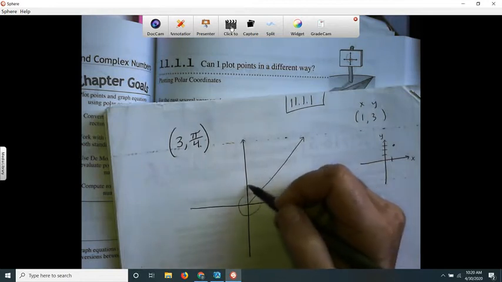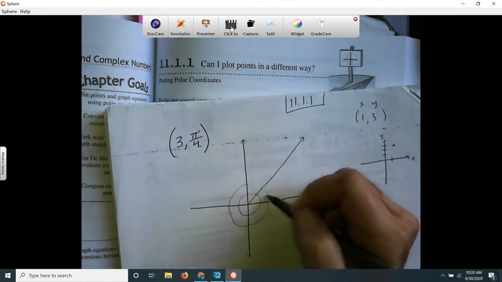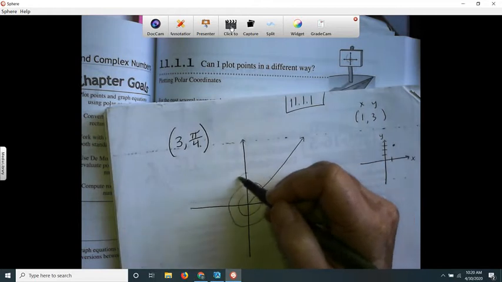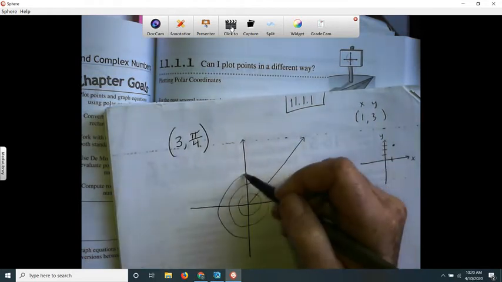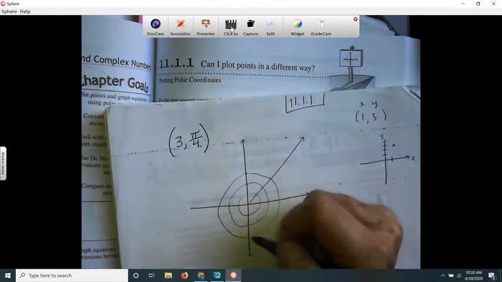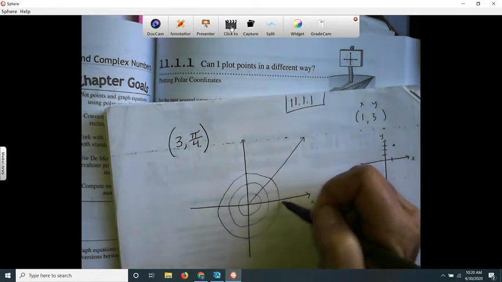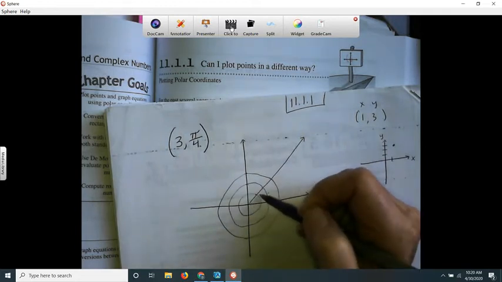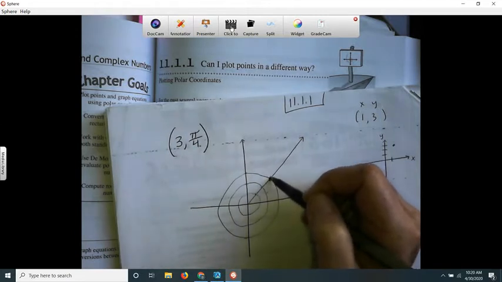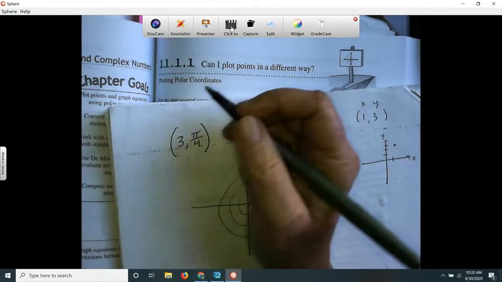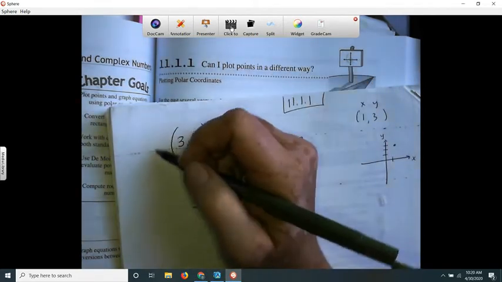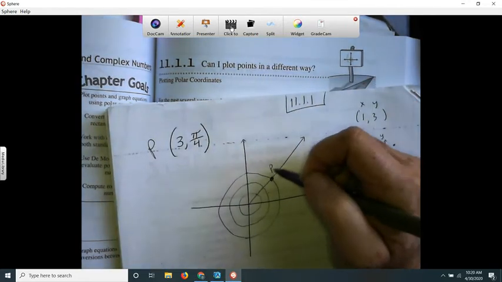Sometimes you'll see grid paper like this. These are supposed to be perfect circles with radius 1, radius 2, radius 3. If I call this point P, this would be point P.